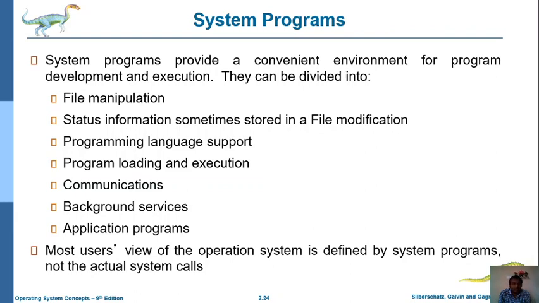So these are the several things that can be performed by the system programs: file manipulation, status information, programming language support, loading the program and execution, communications, background services, and application programs.